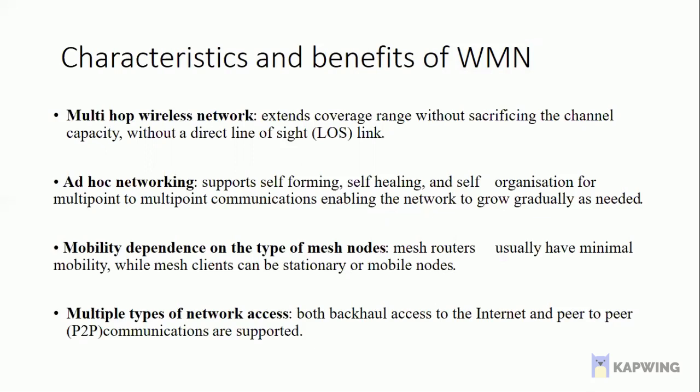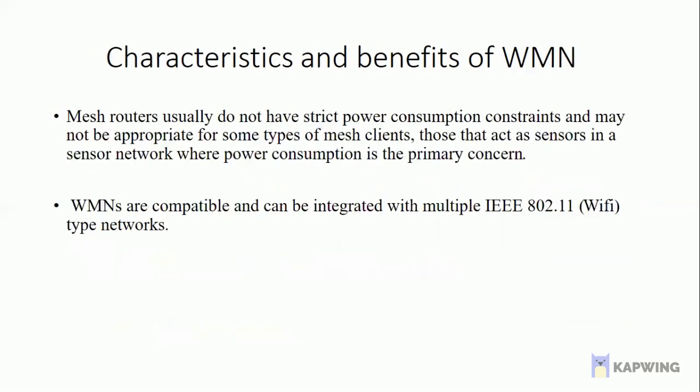enabling the network to grow gradually as needed. Mobility depends on the type of mesh network. Mesh routers usually have minimum mobility, while mesh clients can be stationary or mobile nodes. Multiple types of network access, both backhaul access to the internet and peer-to-peer communications, are supported by the wireless mesh network.